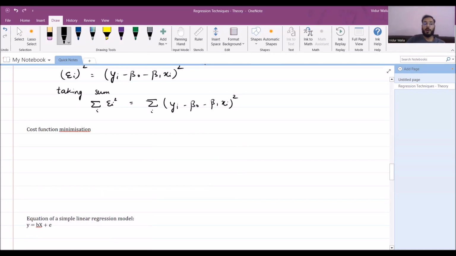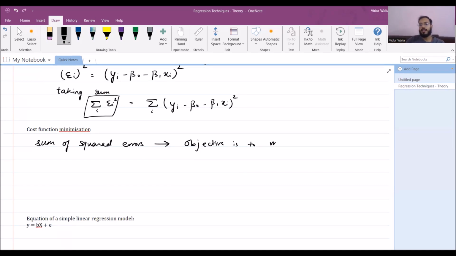In statistical lingo, this sum of epsilon i squares is called the sum of squared errors. And my main objective is to minimize this.